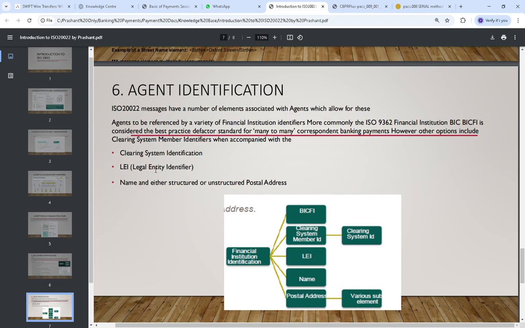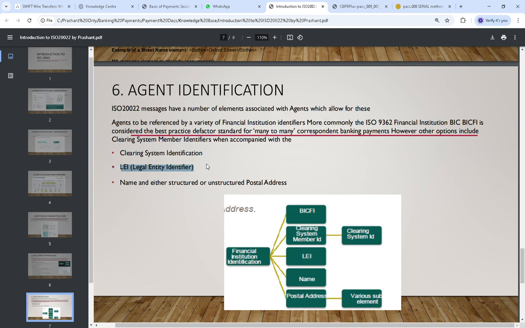But one more thing introduced in ISO 20022 is the legal entity identifier. What is the meaning of legal entity identifier? Earlier, whether a particular bank was registered universally or globally was not mentioned anywhere. For example, say there is a Bank of Arabian Emirates. It acts as compliant for a particular country, but whether it is compliant for the world was not clearly mentioned anywhere.